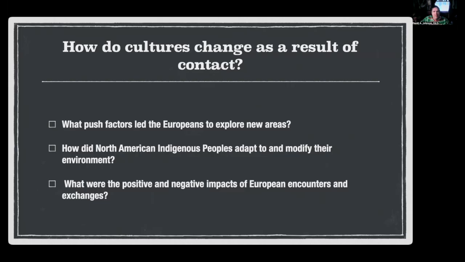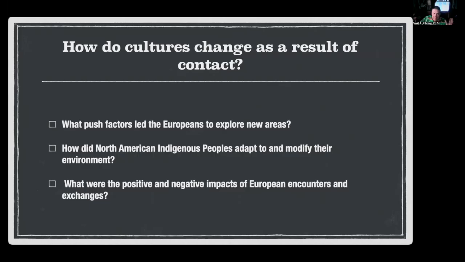We then spend an entire lesson devoted solely to our indigenous populations and what conditions and connections existed in those various regions of the United States and how the indigenous people lived in these regions. We finish the whole thing by again talking about the positive and negative impacts of European encounters and exchanges. We don't sugarcoat.